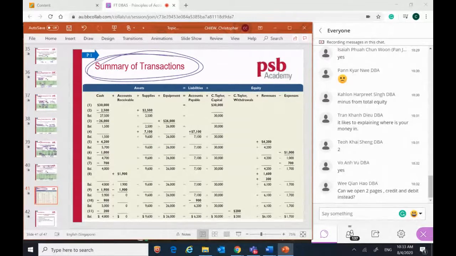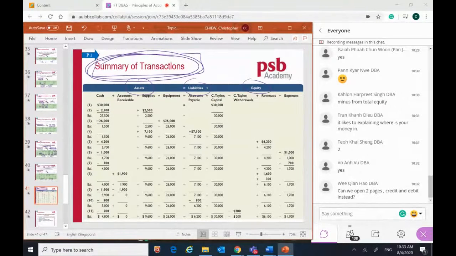But here, just to show you the impact or the effect. Now, this is how we show the effect on the accounting equation, but this is not how we record. How we record, we will use the system of debits and credits. We'll learn it in lesson number 2. But here, let's look at the summary. It doesn't matter whether you have only 1 transaction or 10 transactions or 100 transactions.